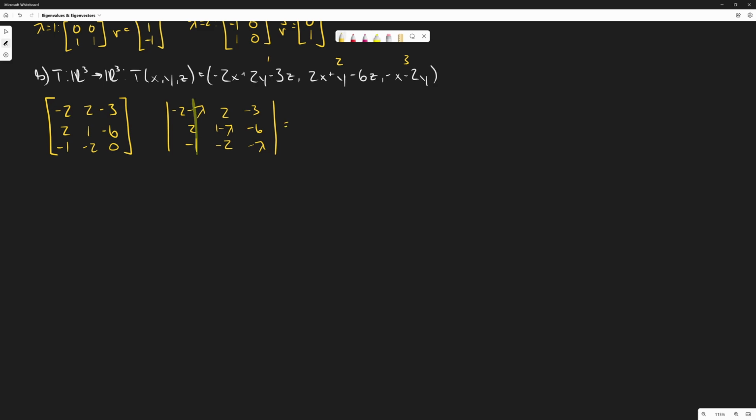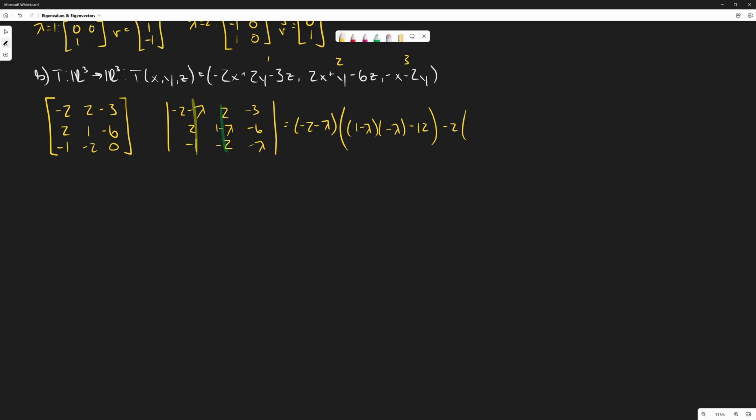This would be negative 2 minus lambda multiplied by 1 minus lambda times negative lambda minus 12. And then this would be minus 2 times, I'm going to do the other one.